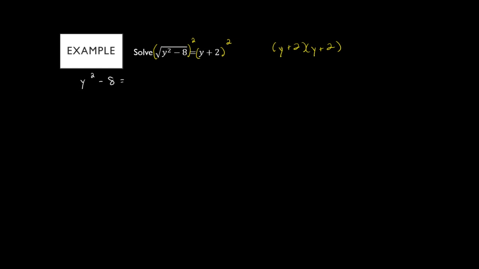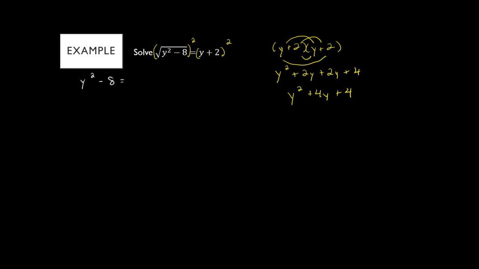I see a lot of people here forgetting that you have to go through FOIL, and they tend to forget the middle term. So when you multiply this, you get y squared plus 2y plus 2y plus 4. So you get y squared plus 4y plus 4. And I see a lot of people saying y squared plus 4.